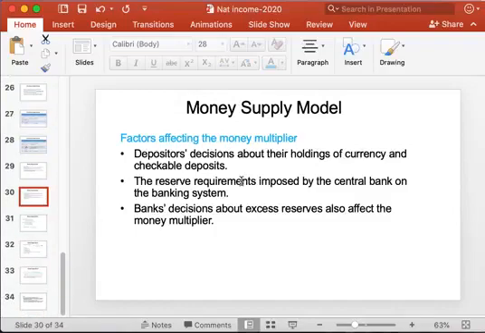And as you saw in the earlier slides, there are factors affecting the money supply, the money multiplier, like the depositor's decision about holding of currency and checkable deposit.